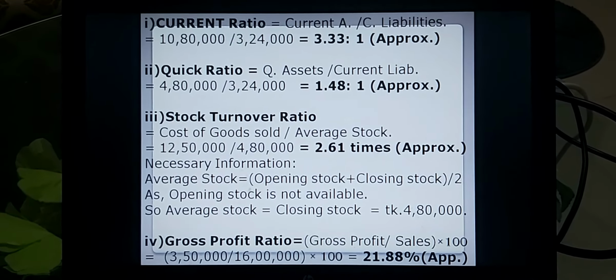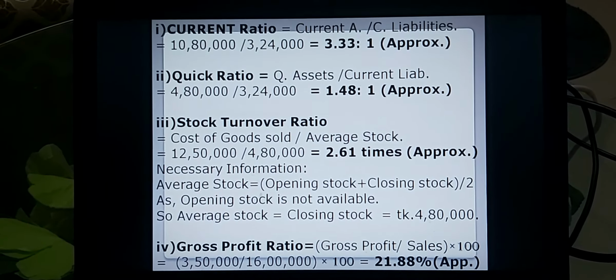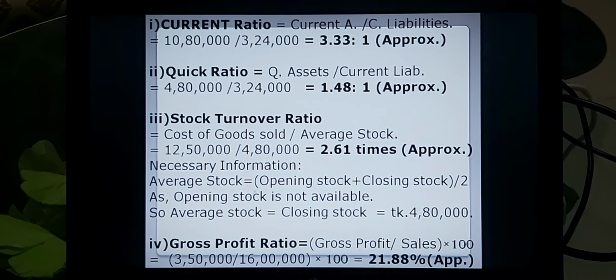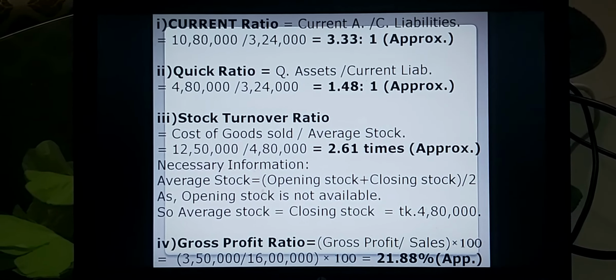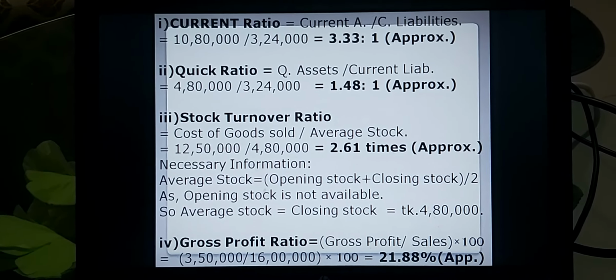So we can calculate gross profit ratio very easily. Gross profit taka 3,50,000 divided by 16 lakh into 100. That is the ratio of gross profit, 21.88%, approximate value.